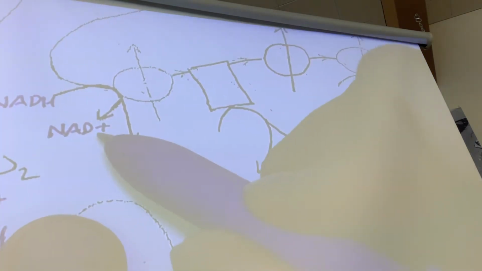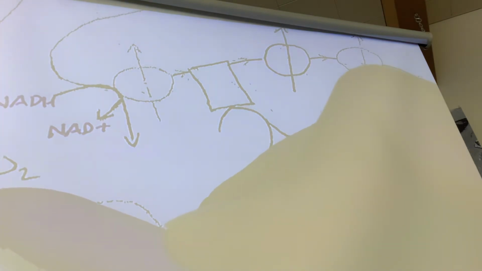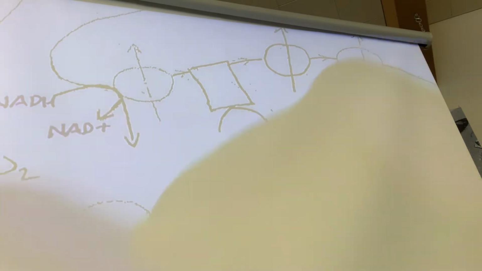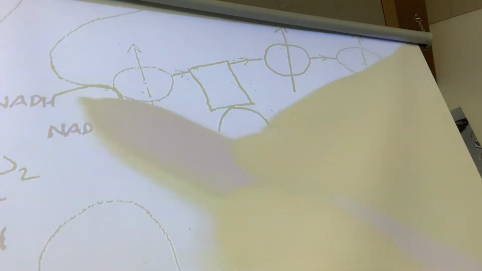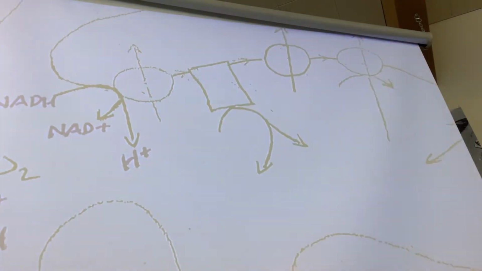Now the NAD+ is going to be able to go back over here to the Krebs cycle and pick up another hydrogen and come back. So it's recycled. Right? That NAD+ in the mitochondria just keeps carrying hydrogens out of the Krebs cycle and bringing them over here. Right? So it's dropping off the hydrogen. The hydrogen loses its electron too, so I get a proton into the matrix here.